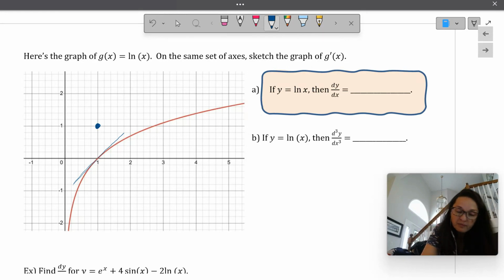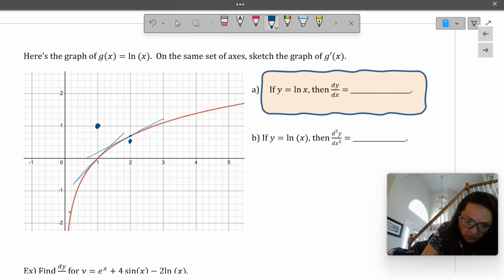Let's see, what's my slope at 2? I'm going up 1.5 over 3. So up a half over 3. It seems my slope is maybe a half.